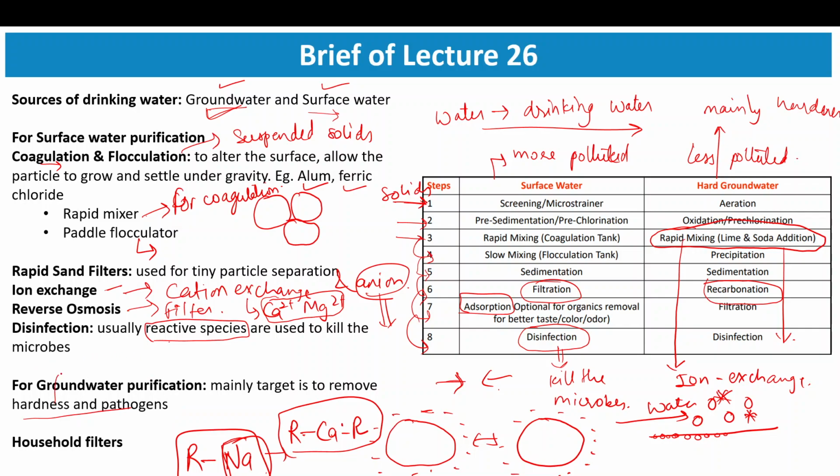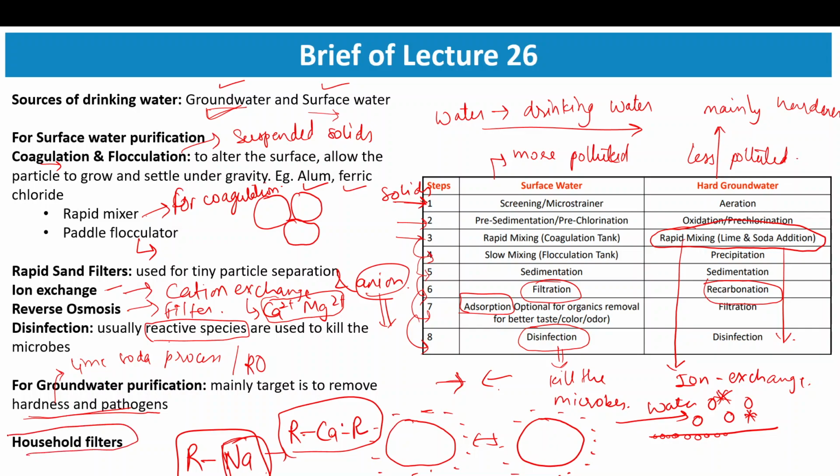In that case, you will use the lime soda process. Or if you want to remove it at home, you can have membranes, which will take care of both hardness and pathogens.